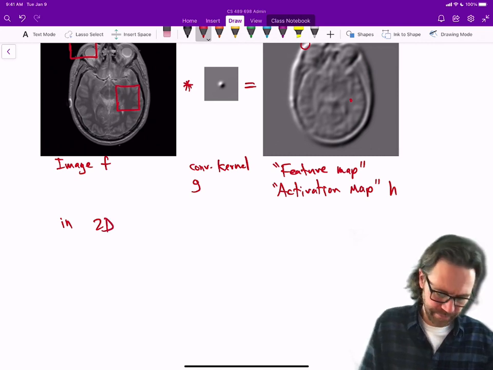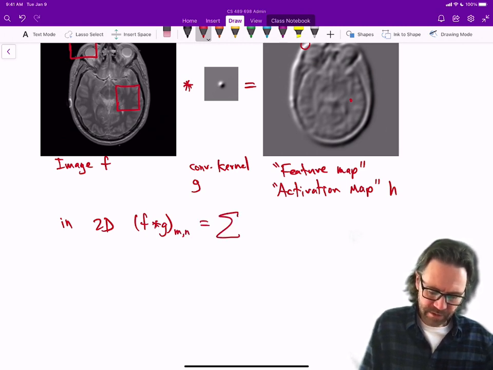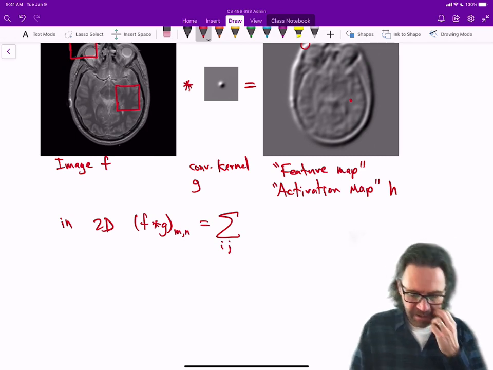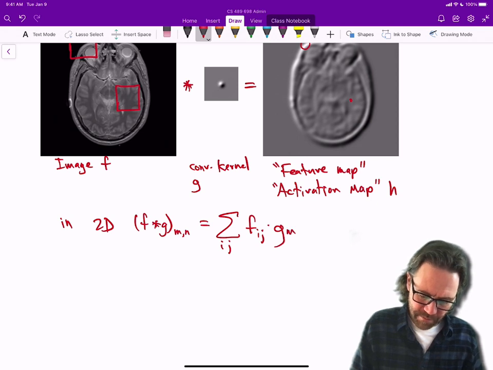Discrete convolution is F convolved with G. Now we'll have two indices because there'll be a row and column. It's a double sum over indices i and j of F_ij times G of m minus i, n minus j.